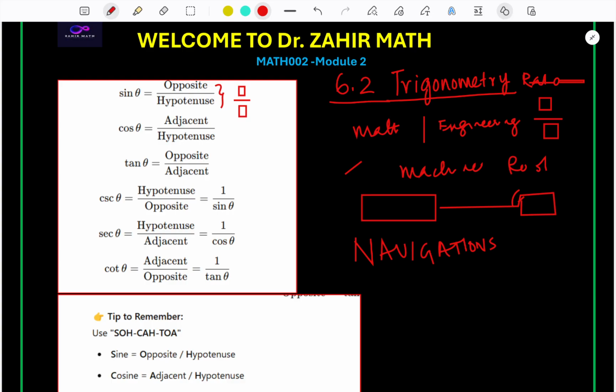Just go to the top of the terrace and look at the stars. The stars, the satellites, all together we call astronomy. Everywhere in astronomy they are using trigonometry.